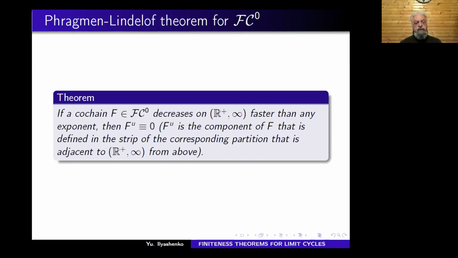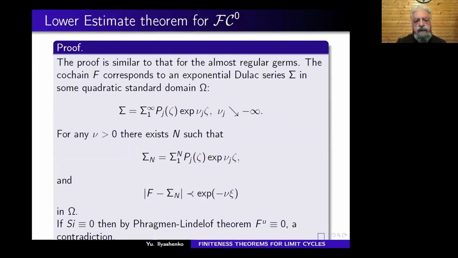I already explained what the upper component is. I will give a sketch of the proof of this theorem if I have enough time, but now I want to prove another important theorem, the lower estimate theorem for the cochains of this class.